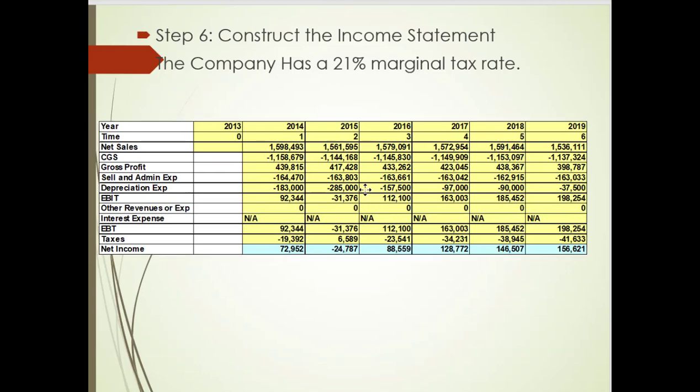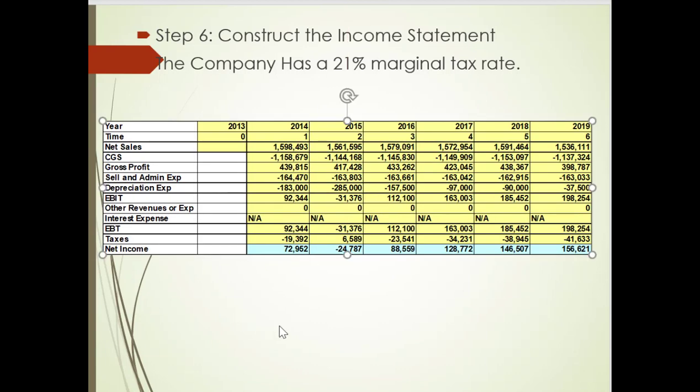Next, we have to finish out our financial statements then. Step 6, we're going to assume the company has a 21% marginal tax rate. Again, this calculates taxes per year. And if you do look, there are a couple years where we have negative income, right? So the second year, we're anticipating negative income that year.